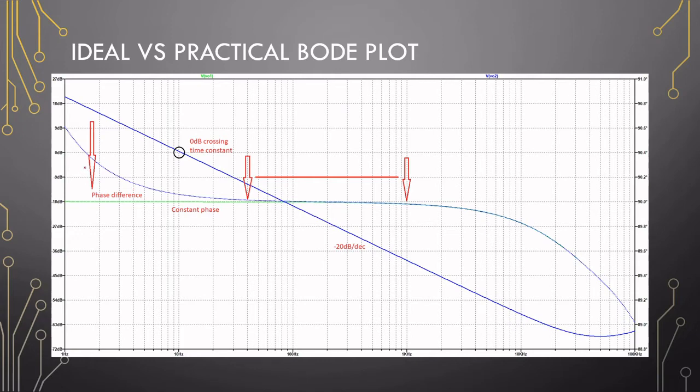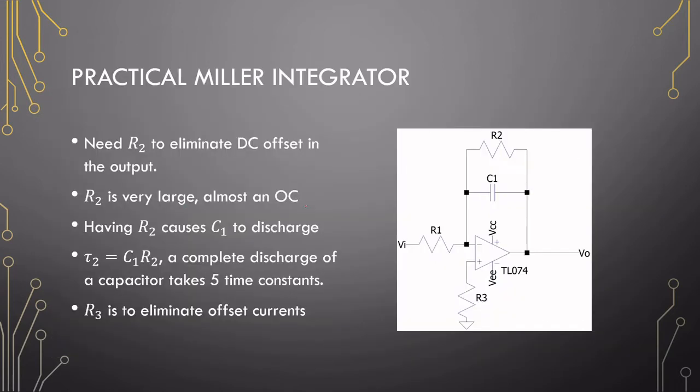Now the issue with the ideal integrator is that you have a huge DC offset at the output. So you add a resistor in parallel with the capacitor. If you add a resistance, there is a discharge path for that capacitor. So typically this resistor is very, very large.